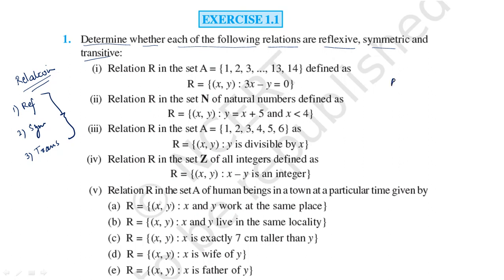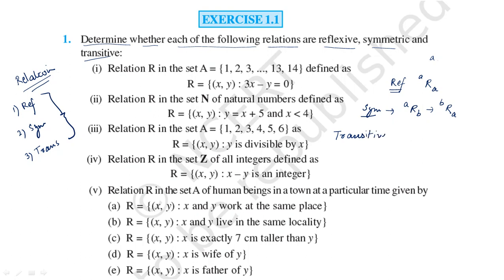If I am talking about reflexive, if A is in relation to A in a group of elements, any group of elements or any relation. In case of symmetric, if A is in relation to B, then B should be in relation to A. And third part is transitive.